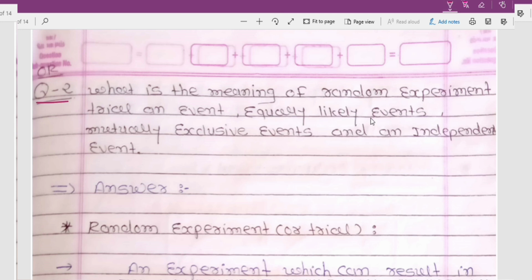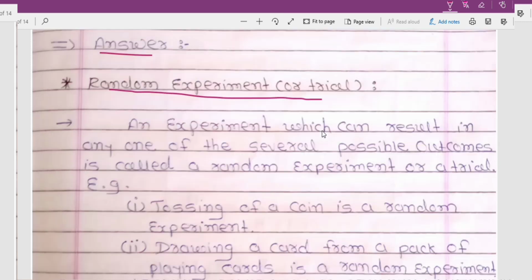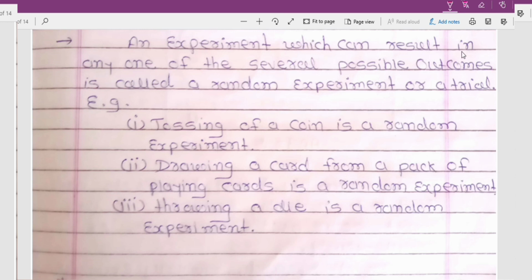Now let us see the second question. What is the meaning of random experiment, trial, event, equally likely event, mutually exclusive event, and independent event? The answer is, first, random experiment.